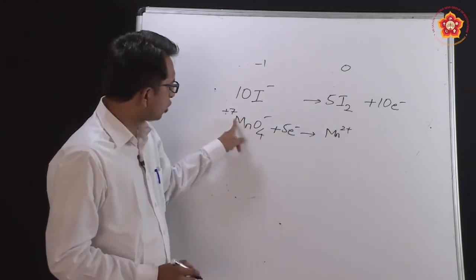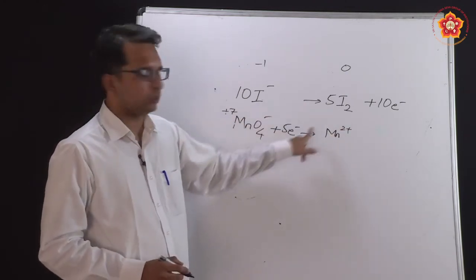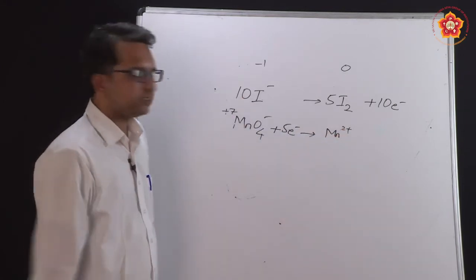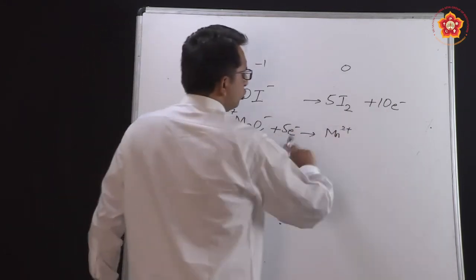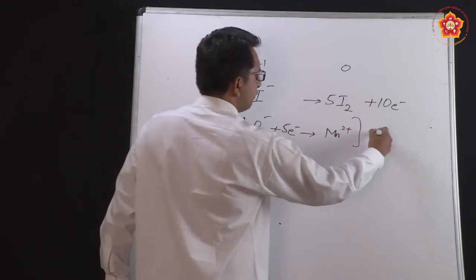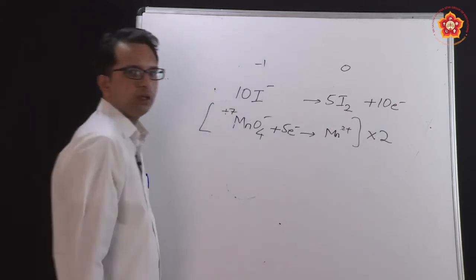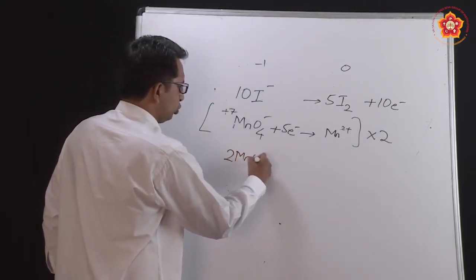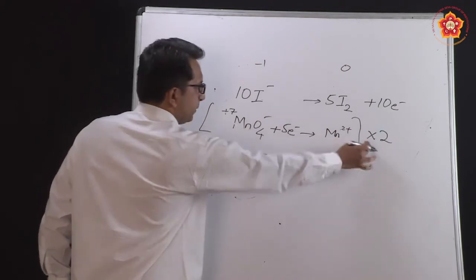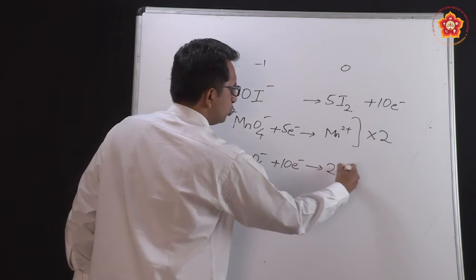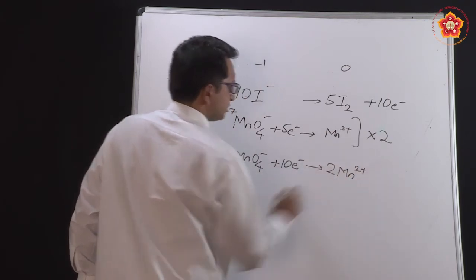So, when this compound got added with 5 electrons, it became equivalent to the Mn plus 2 state. So, how do we balance this reaction now? First thing is we have to look at balancing of the electrons. Therefore, let me multiply this entire equation by 2. This is done so that finally I get 2 MnO4 minus, which I have multiplied by 2, plus 10 electrons giving rise to 2 Mn2 plus.